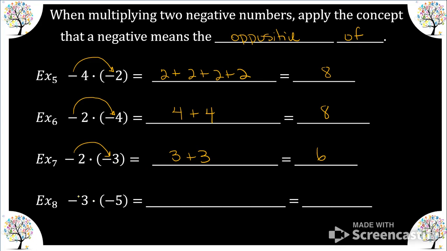Negative 3 times negative 5, this negative cancels this negative, and we have 3 5's being added together to give us positive 15. Negative 3 times negative 5 gives us positive 15. These negatives cancel out to give us a positive.